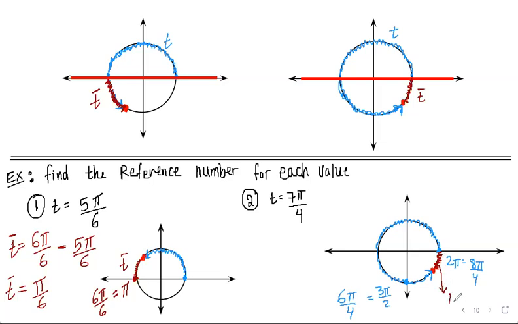So this is my t bar. The t bar equals the distance between the starting point, 8 pi over 4, minus the terminal point, t, which is 7 pi over 4. And t bar is equal to pi over 4.